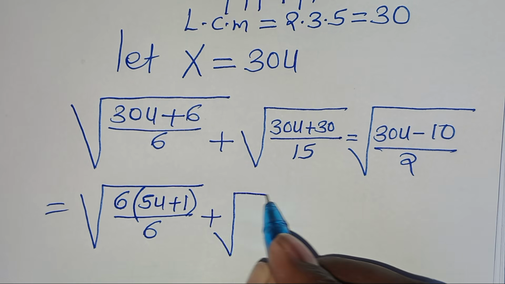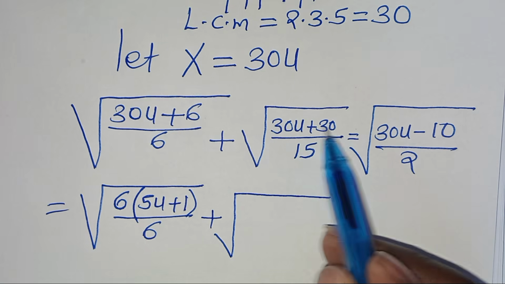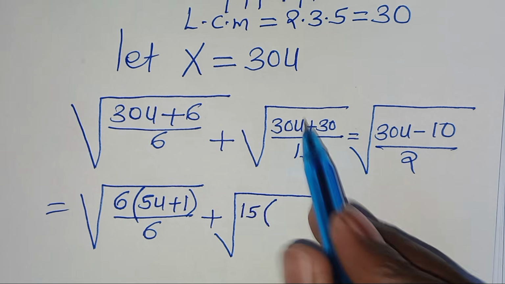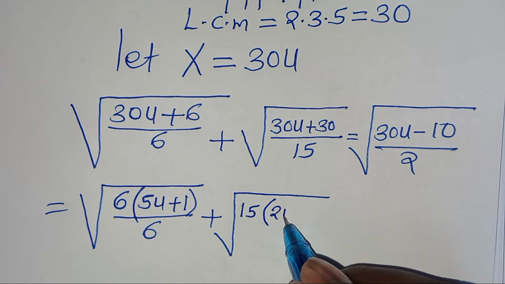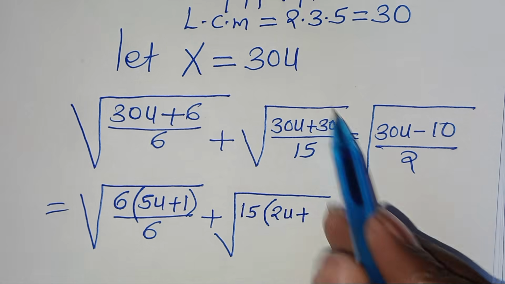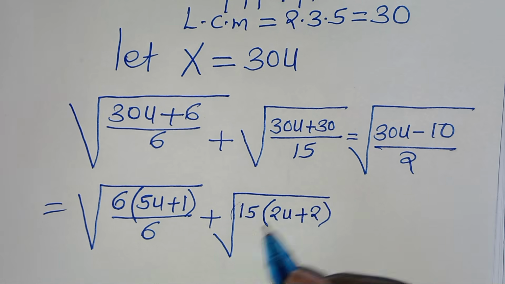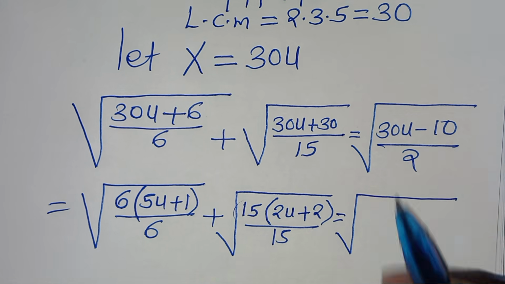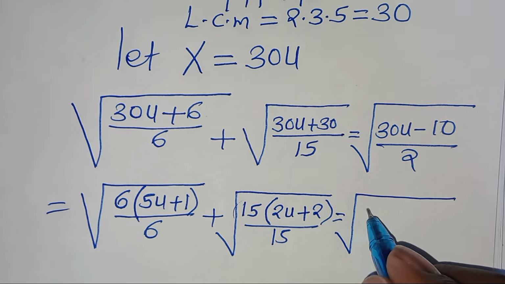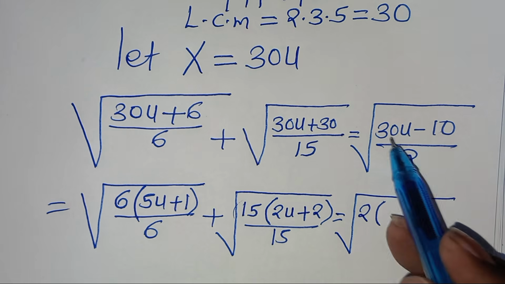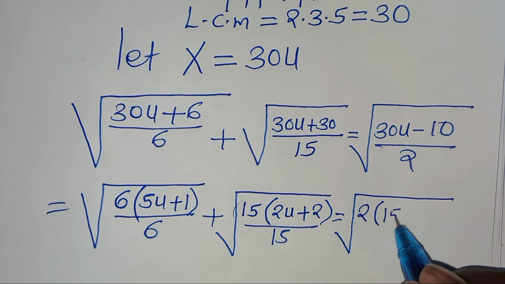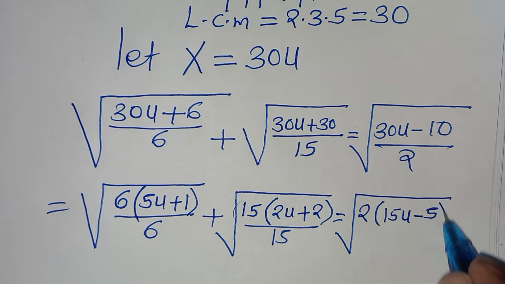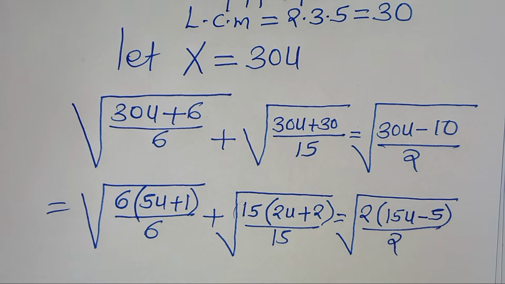In the second case, let's factor out 15 in the numerator, so 30u divided by 15 is 2u, plus 30 divided by 15 is 2, then divided by 15. This is equal to the square root of, now here we can factor out 2, so 30u divided by 2 is 15u, subtract 10 divided by 2, which is 5, then divided by 2.